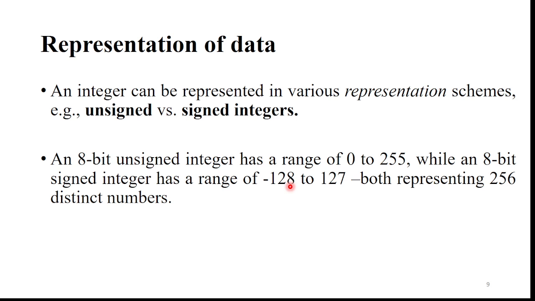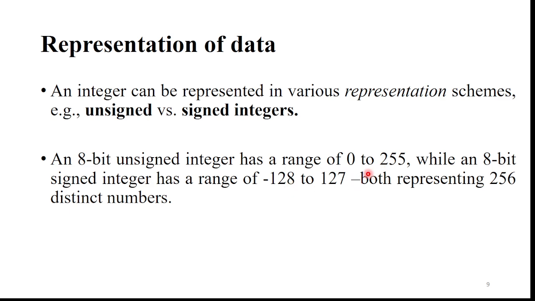If the most significant bit is 0, this is a sign for positive numbers. If the most significant bit is 1, this is a sign for negative numbers. Of course, the remaining 7 bits are used to represent the magnitude of the number.